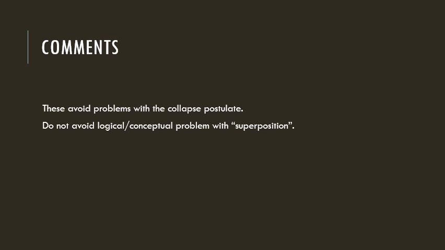So you can have an electron which is definitely within a certain region, but not in the left half and not in the right half, right? Which looks like a kind of logical contradiction. More generally, you can have something which definitely has a certain property, but does not have any particular value of the property. That's the idea of a superposition. And so none of these interpretations really deal with that problem.